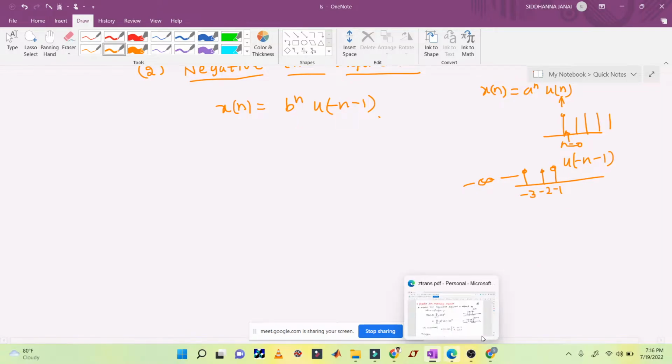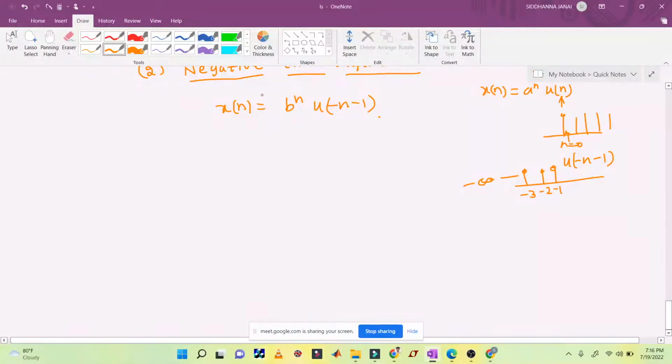Another term I missed is, we have considered this as a minus of b to the power n, not plus. So minus of b to the power n u of minus n minus 1. This is a standard sequence, negative sided sequence. Why it is standard I will let you know when we get the final result of this.